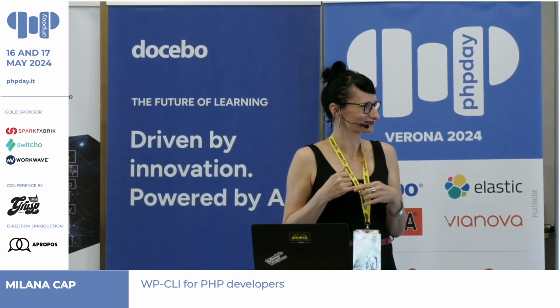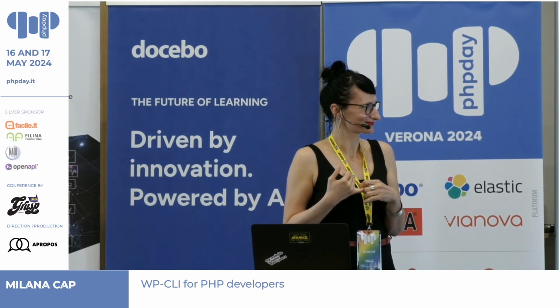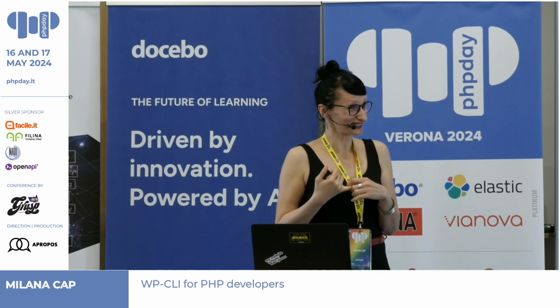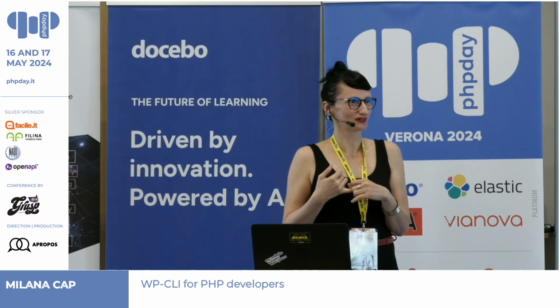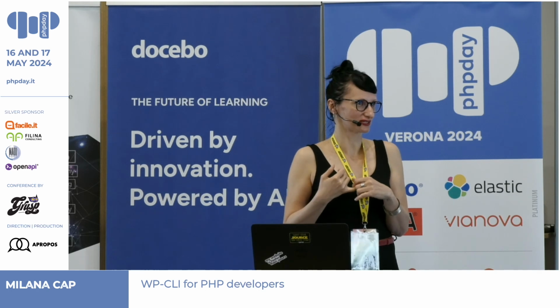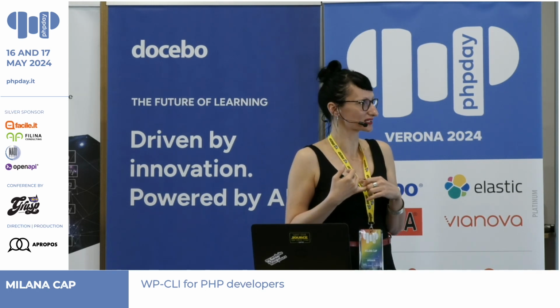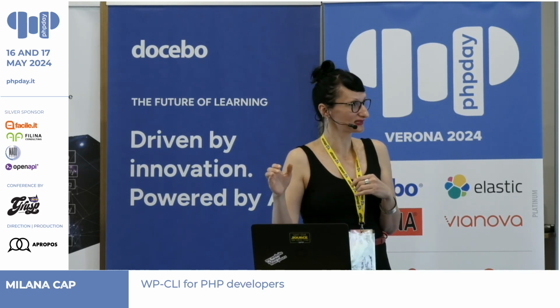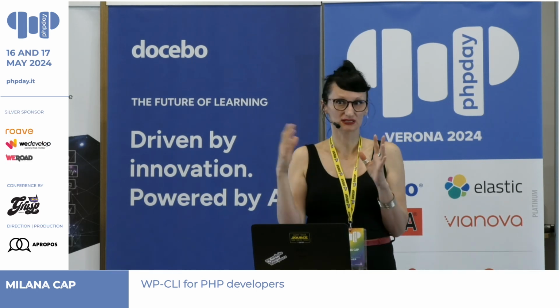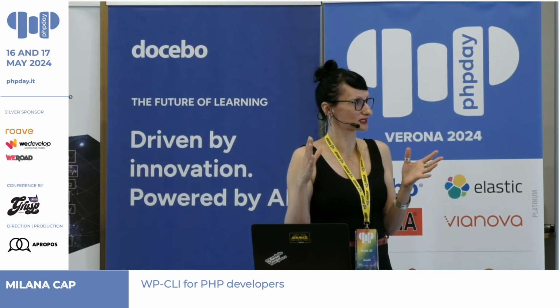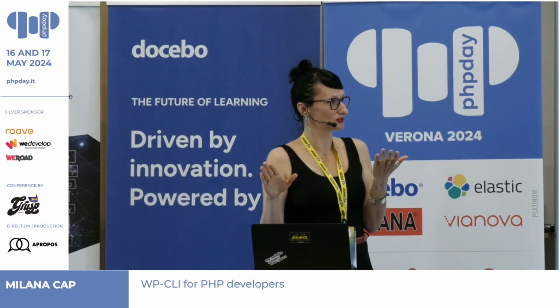And how well do you need to know WP-CLI to start using it in production? In production, well, you just have to know what's going to happen, if it's going to run and change something, or if it's going to run and return to you some info that you need. So it depends what you want to do with it.